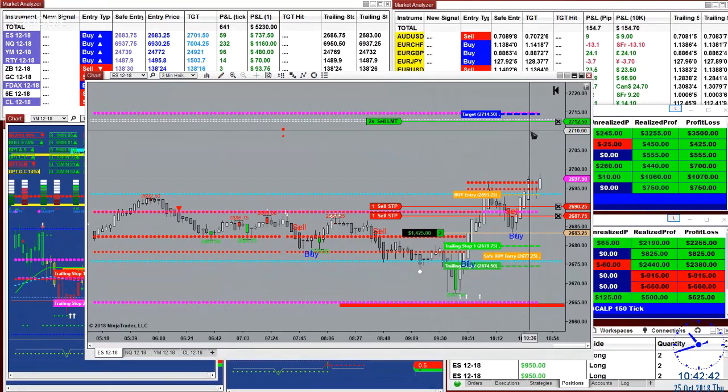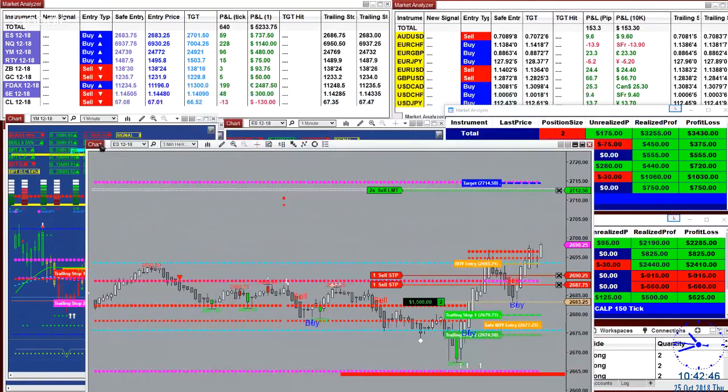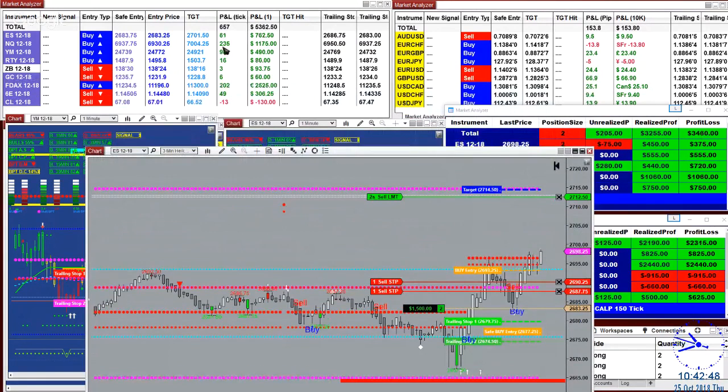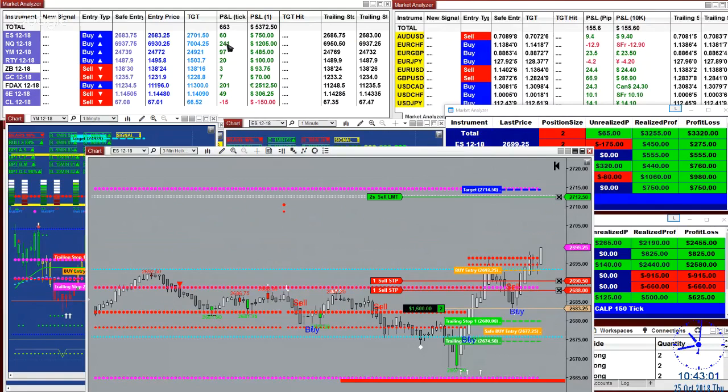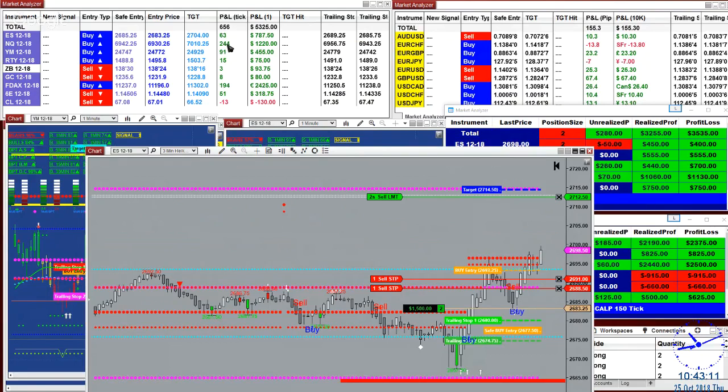On the Nasdaq, the last entry, which happened right before we came in live here on YouTube, was 236 ticks. This is why I like the Nasdaq. The Nasdaq on that system is doing extremely fine. Even a guy who doesn't have a lot of capital can start trading on the Nasdaq.